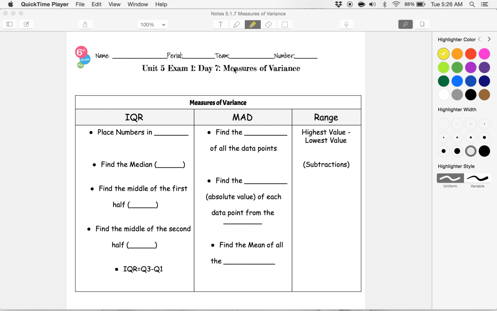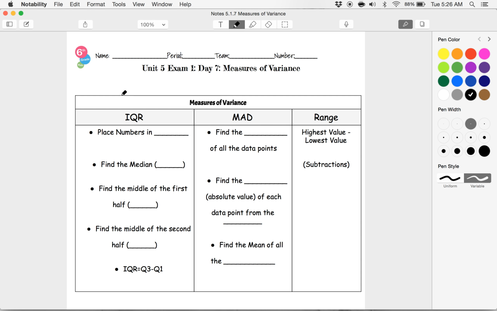Now we're going to talk about measures of variance, which talk about how far spread apart the data is. So again, that's what measures of variance are going to talk about.